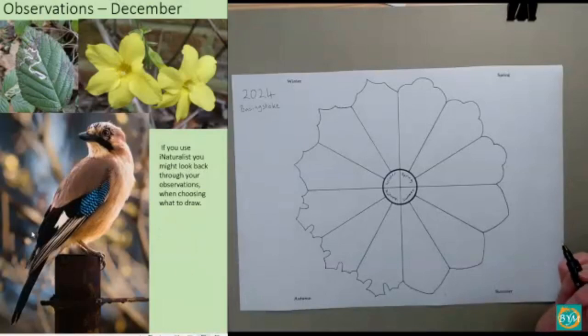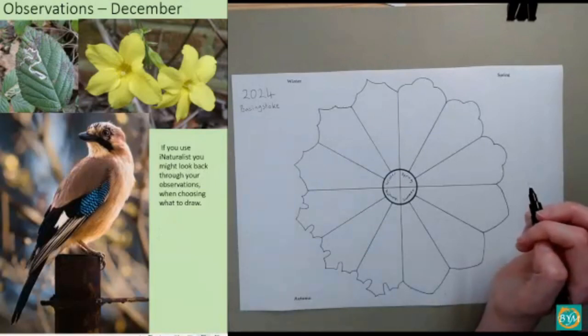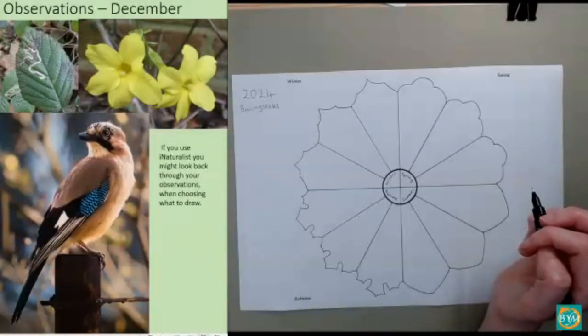So you can see here, I've put on the screen some observations from last December. I've picked out three observations. It could be just one that you want to put in the box, but I've gone for an insect observation, a bird observation, and a plant observation.